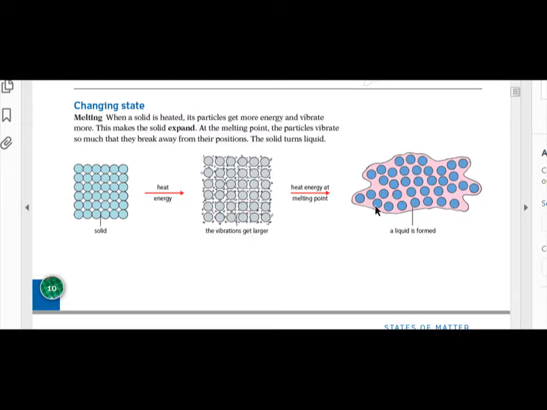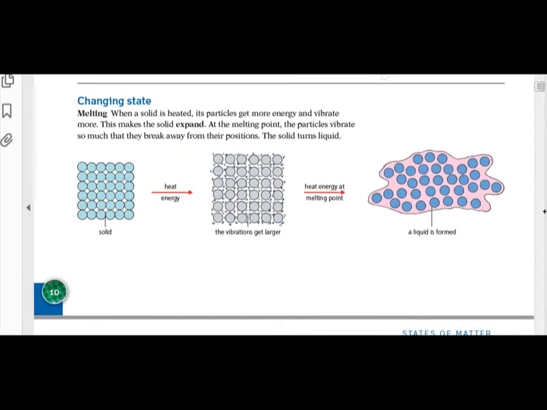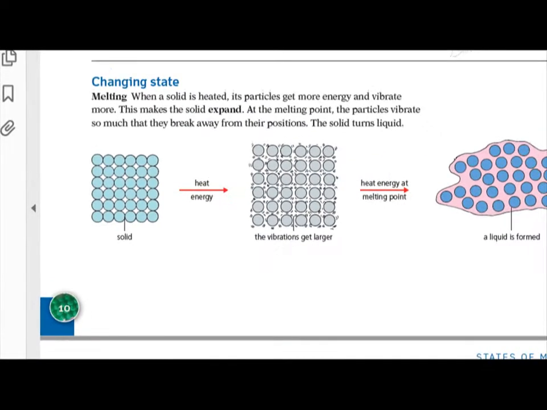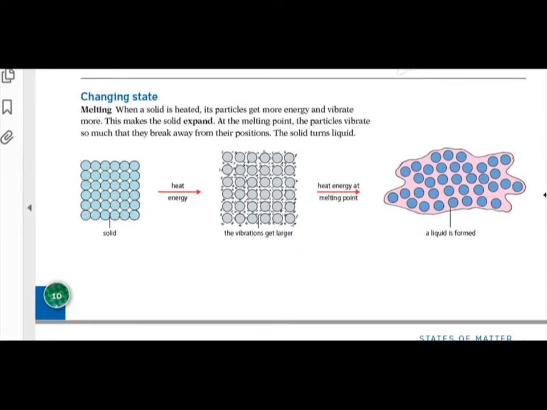So you notice directly here it goes from solid to liquid to gas if you apply a certain amount of heat. Liquids are also composed of particles, the same particles that are in the solid, but now the difference is that they can freely move or slide over each other.